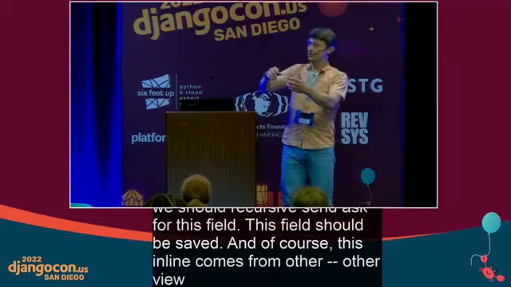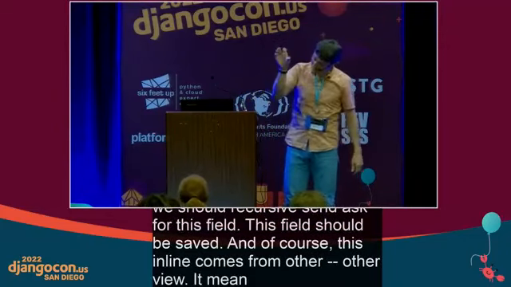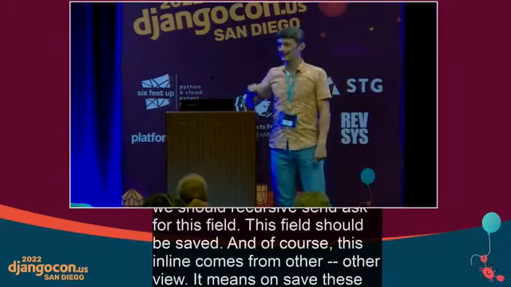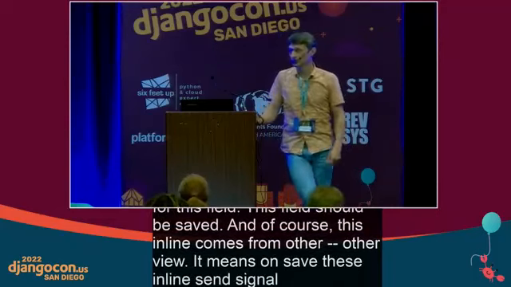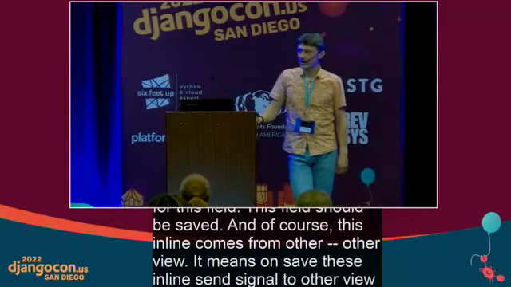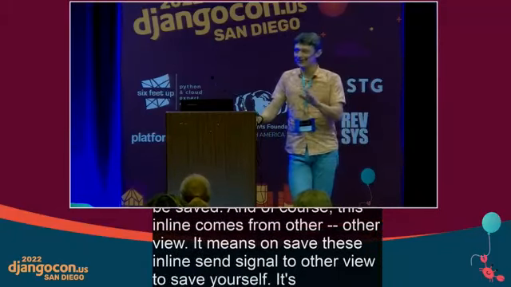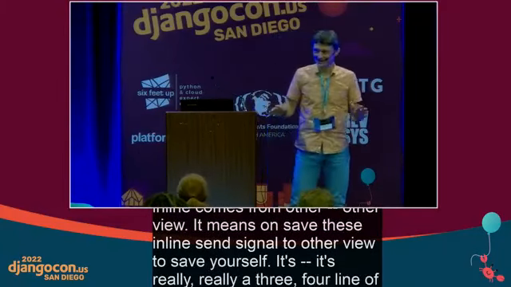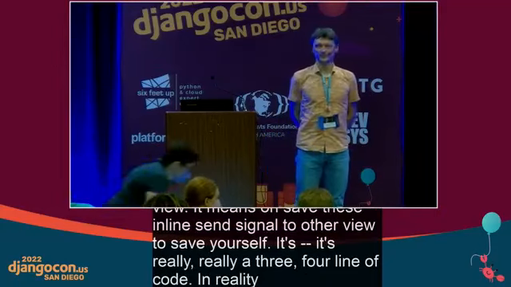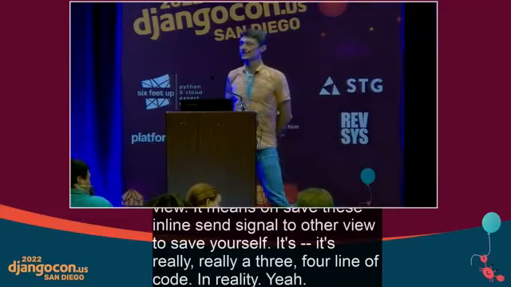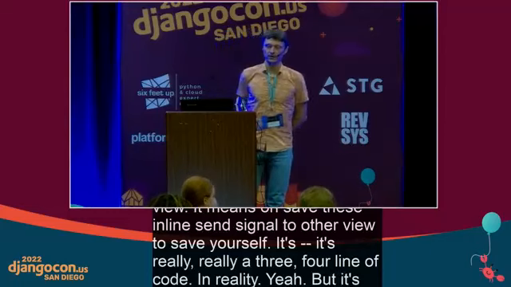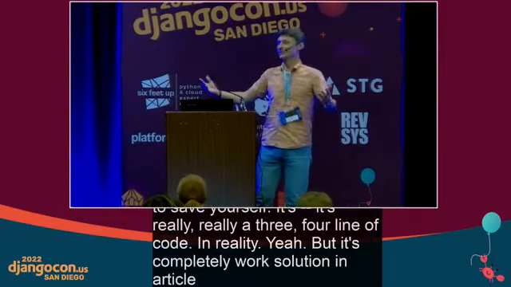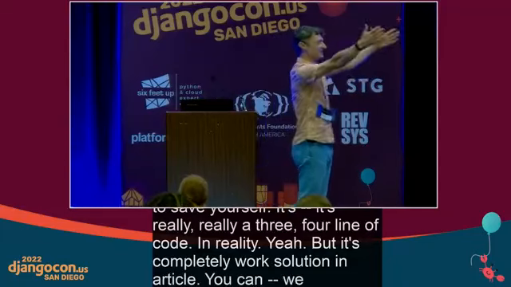It means on save, this inline sends a signal to the other view to save itself. It's really about 4 lines of code in reality. But it's a completely working solution in the article. We use it already.